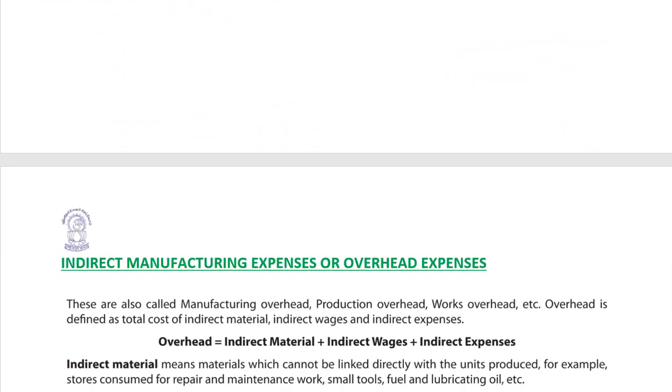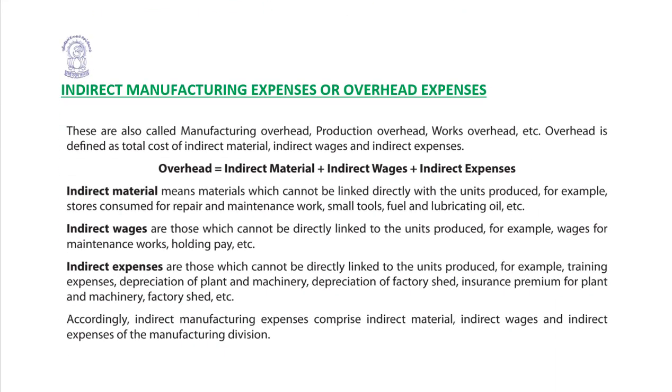Let us move ahead. Indirect manufacturing expenses or overhead expenses are also called manufacturing overhead, production overhead, works overhead, or overhead. Overhead is defined as total cost of indirect material plus indirect wages plus indirect expenses.